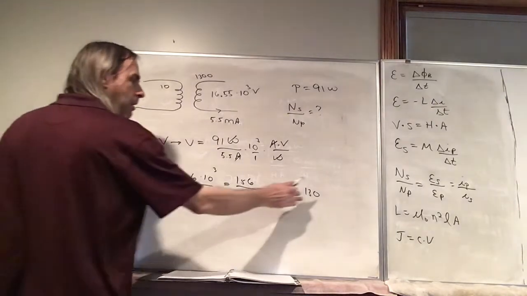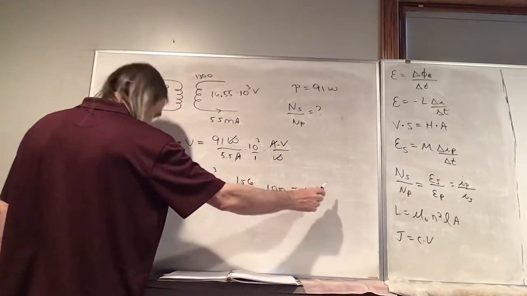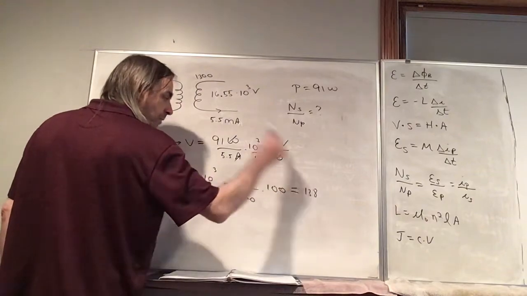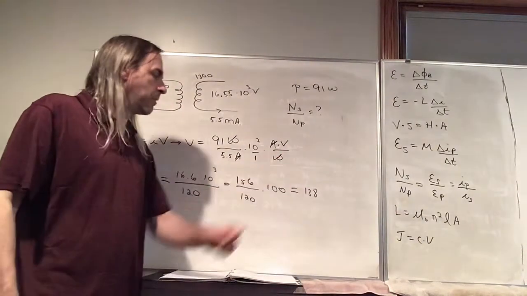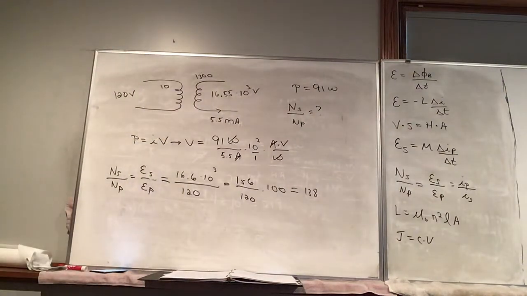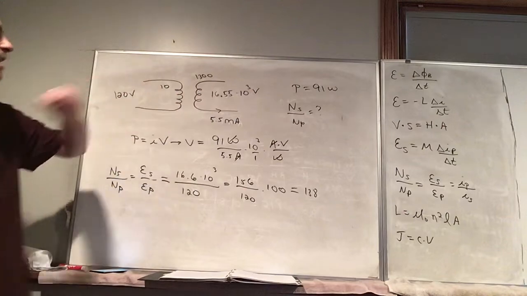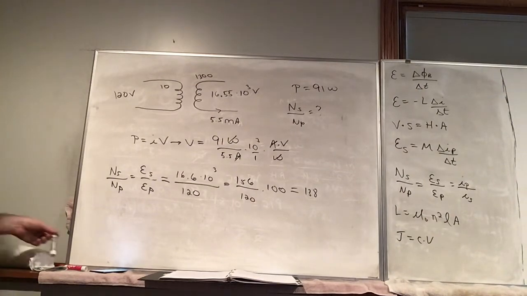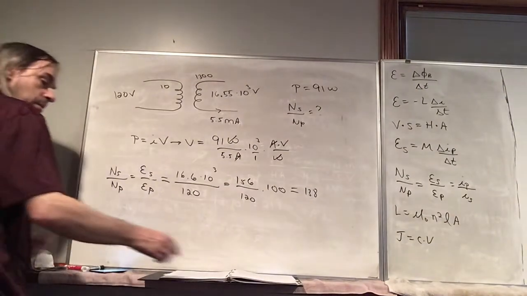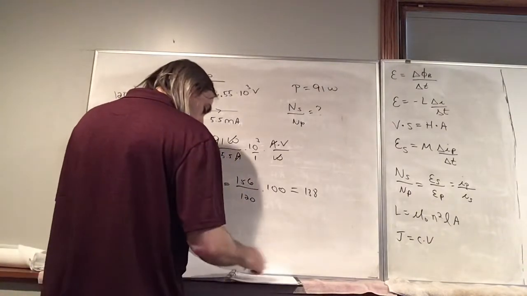So it should be about 138. That's what I got in the answer key, except I wrote 1 over 138 instead of just 138. It's a step-up transformer, so we should have more turns in the secondary coil. So just ignore the answer key on that one. I'm going to make a note of that as well.